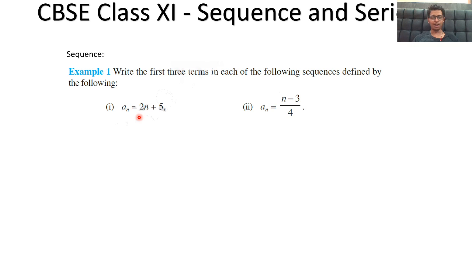Before I begin to explain, I would like you guys to give a shot at this particular question, in which an is equal to 2n plus 5, and you need to find the first 3 terms. You can put your answers in the chat box.